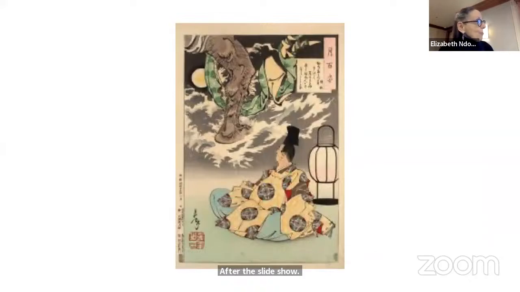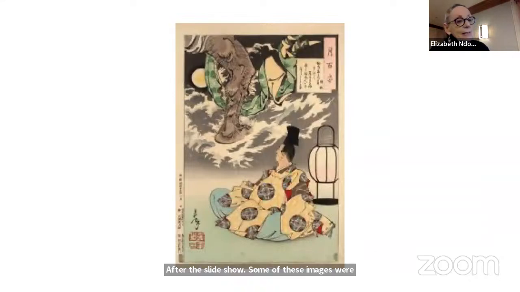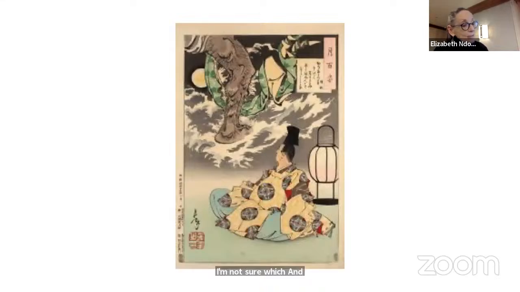Some of these images were produced as prints, woodblock prints. Some of them were done by hand as calligraphy and watercolor paintings. I'm not sure which of these two methods were used in this one. I don't know which style, whether this is Kanyo or Zen or Atsui, but I picked it because I liked it.